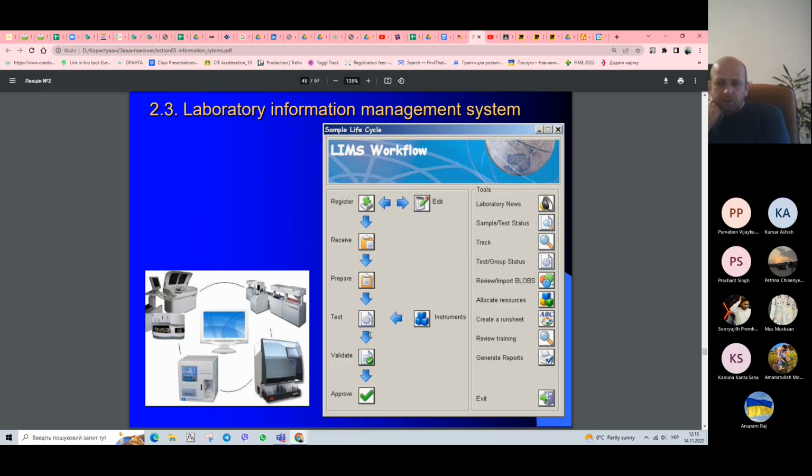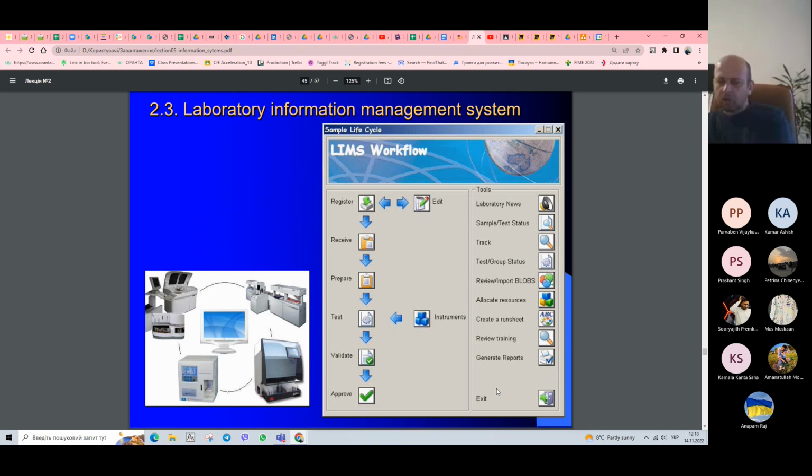A laboratory information management system can include the following workflow: registration, if necessary editing, receive, prepare, testing, validation, approve.